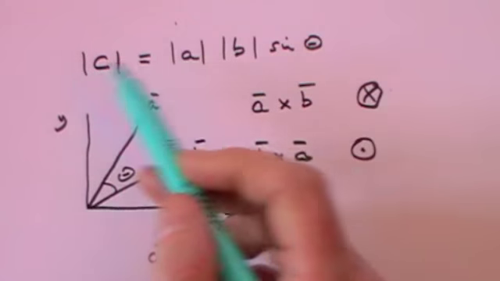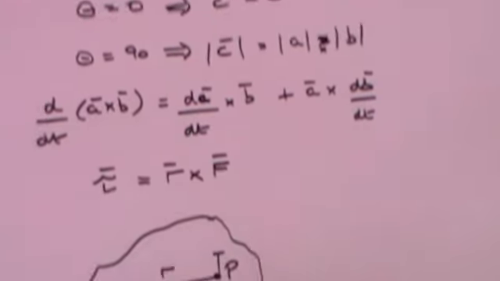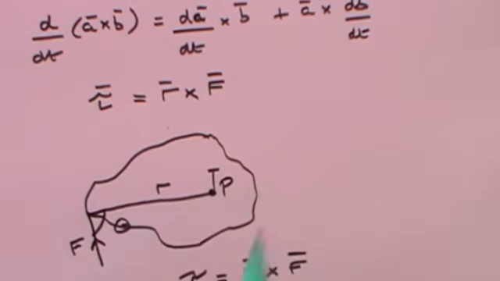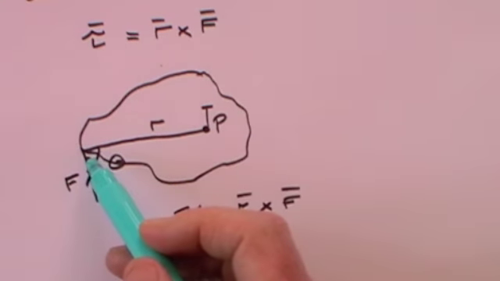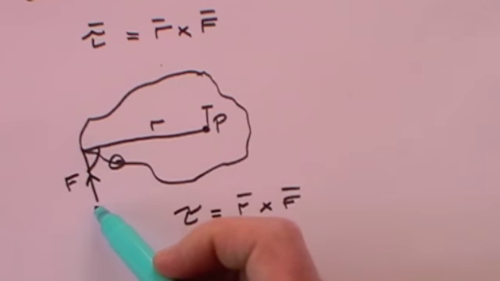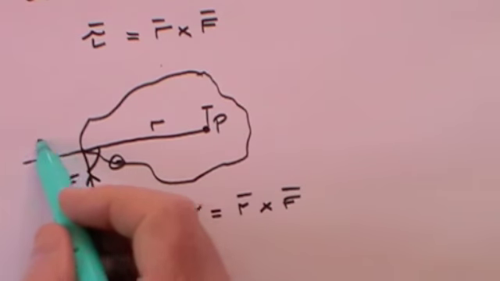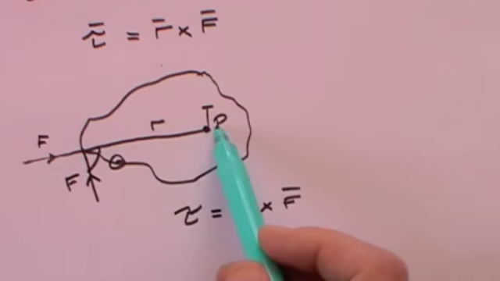The magnitude is A times B times the sine of the angle between the two vectors. So you can see that if theta is 90 degrees, which this almost is, you're going to get the maximum torque. But if the force were in this direction, such that the angle was 0, then there will be no torque at all because you're pushing the object against the pivot.